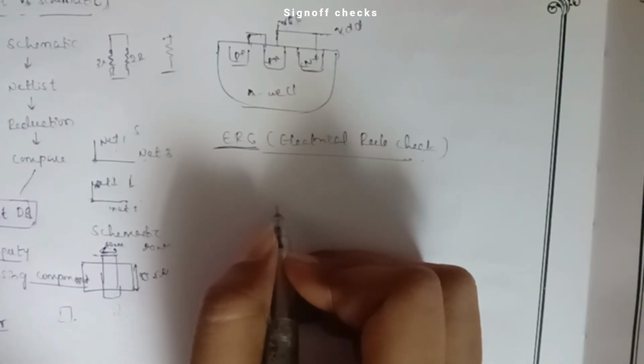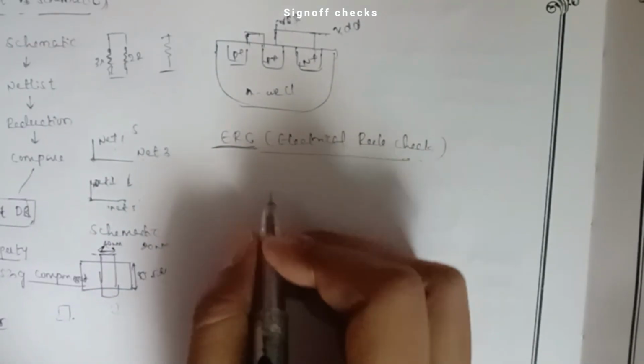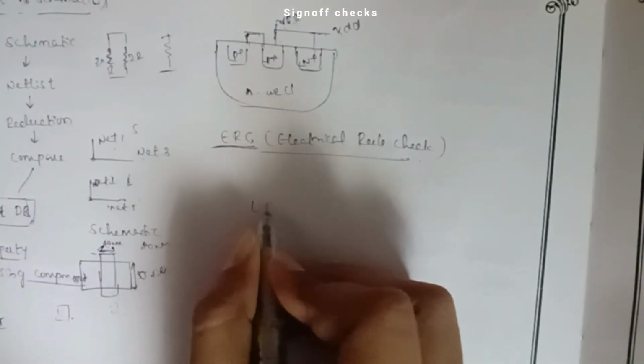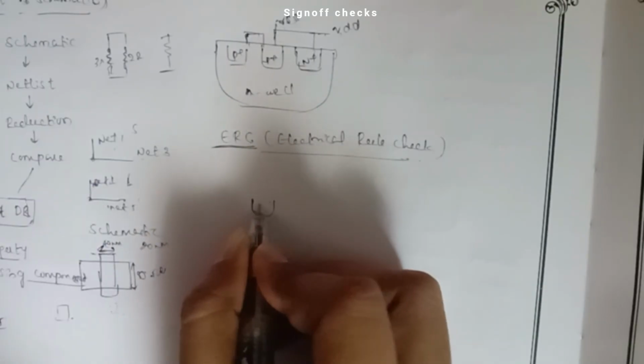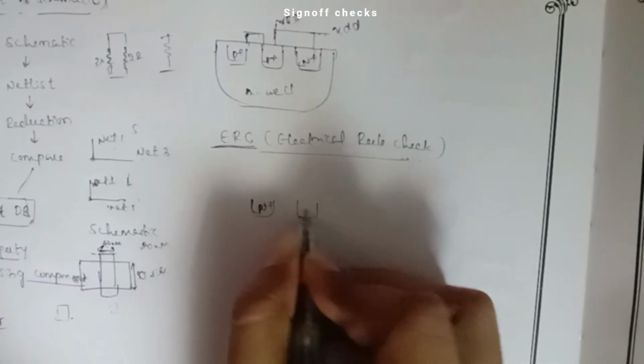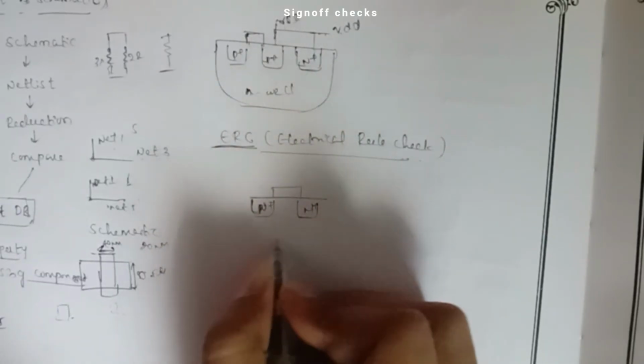If some NVL is floating, I will give an example. PMOS, okay, we will take NMOS. NMOS is having body connection P substrate.